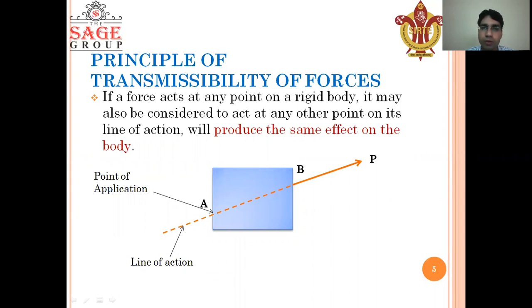Principle of transmissibility of forces. Here you can see the diagram. With the help of this diagram, we can understand this is the point of application of the force. One force is acting at point A, and here you can see point B, on the line of action of the force. This principle says that if a force acts at any point on a rigid body, it may also be considered to act at any other point on its line of action, and will produce the same effect on the body.